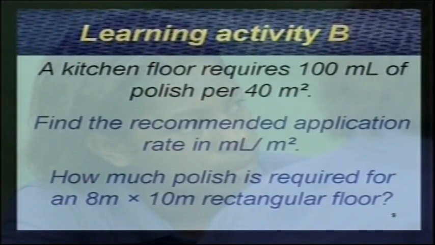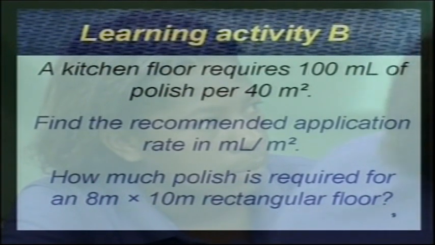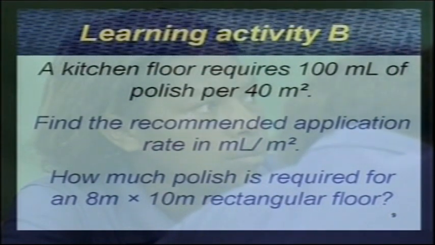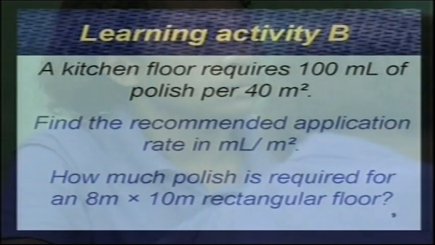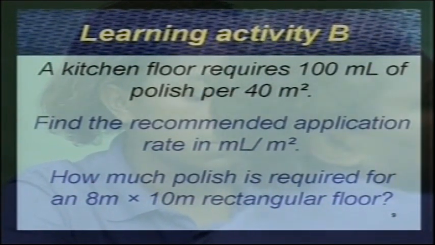Okay, I'll just give you some minutes to work this one out. Just do the first one first. Find the recommended application rate in milliliters per square meter. Work that one out first. Later we can go through it and we'll go to the next question.